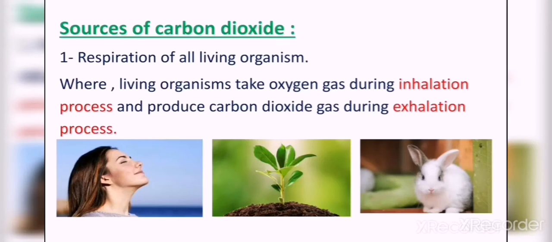The sources of the carbon dioxide gas. Carbon dioxide gas is produced from number 1, the respiration of all living organisms. Because the living organisms take the oxygen gas during the inhalation process and then release the carbon dioxide gas during the exhalation process.